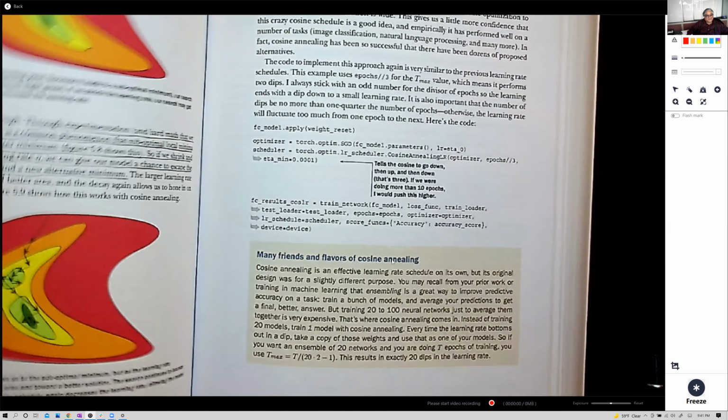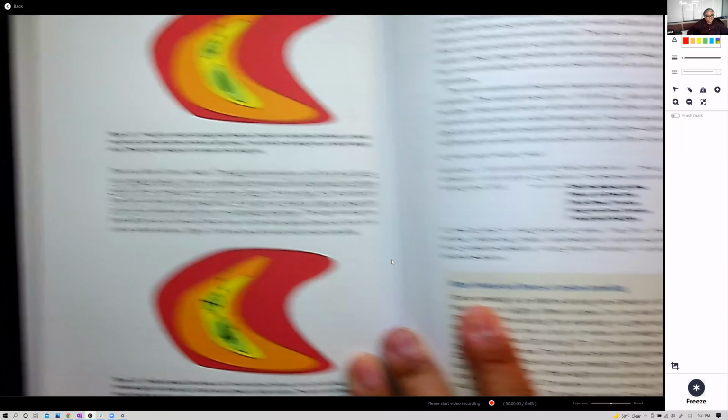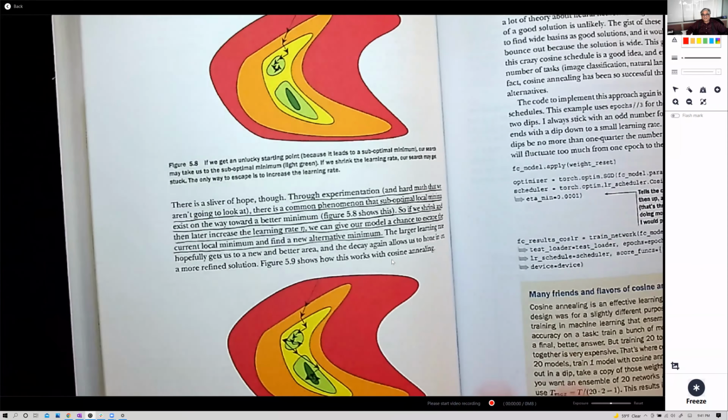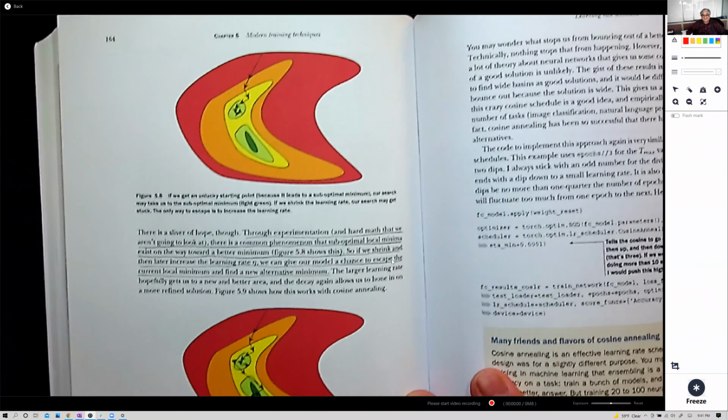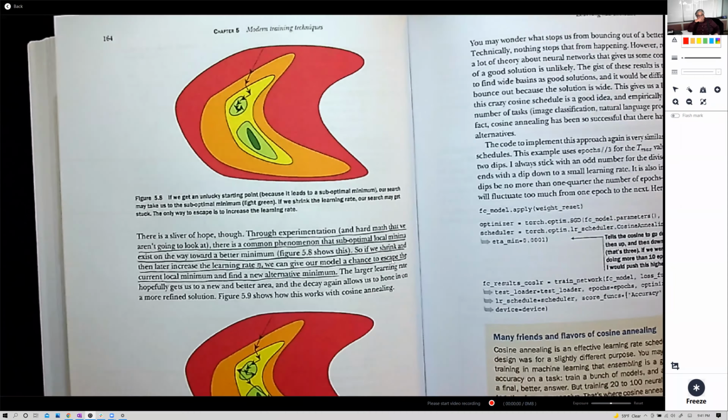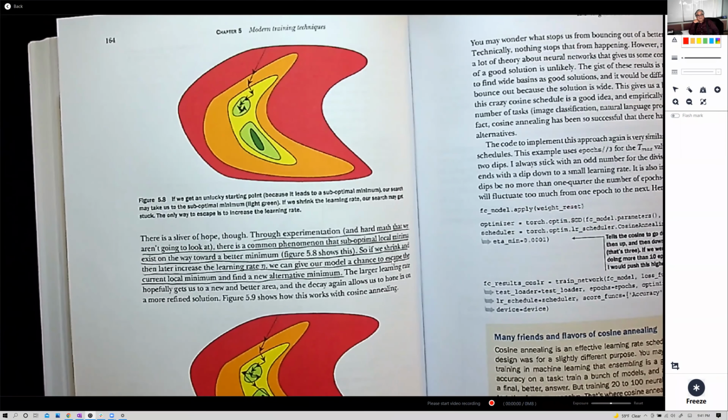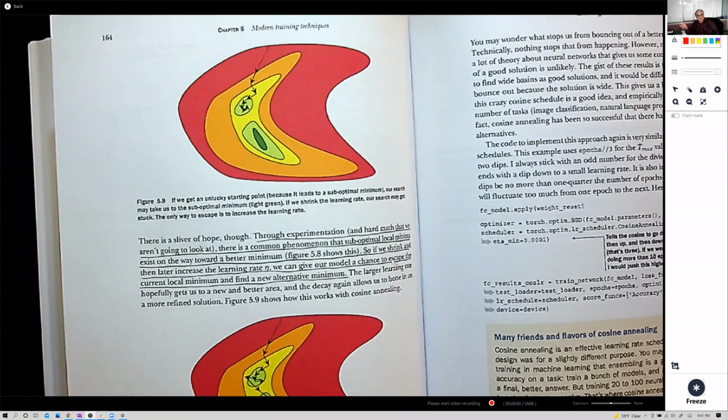Right. Now, what is the consequence of doing this? Let's look at this. And I have highlighted a sentence. Now, why is it that this whole bouncing back is good? So we have learned, and by the way, the hard math is obviously a lot to do with simulated annealing and the theory behind it, but we won't go there.